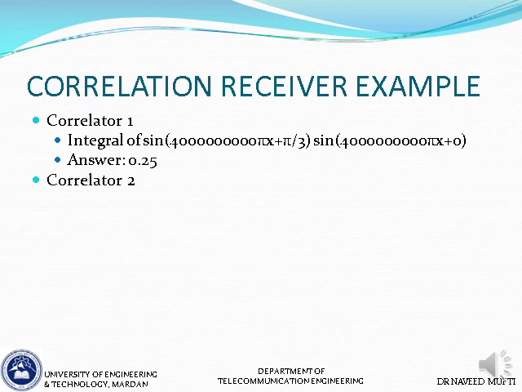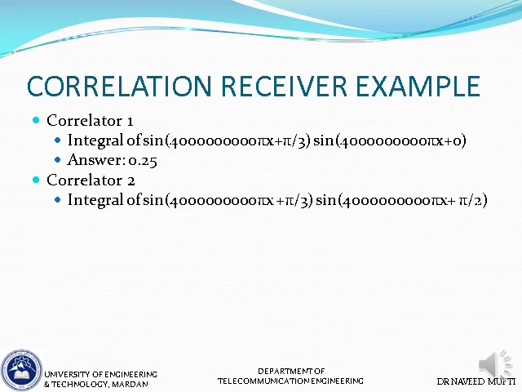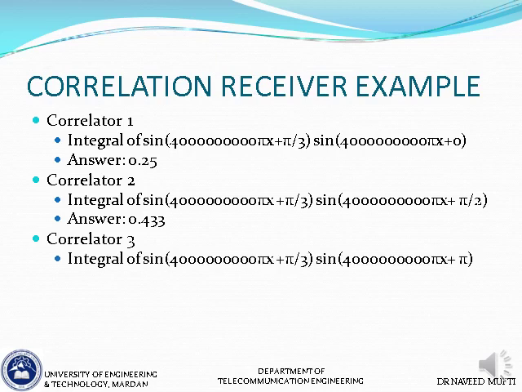Now going on to the second correlator, the correlation is with the 90 degrees one, so pi by 2 here, whereas the received signal is this pi by 3. So the second correlator has these two signals to correlate, and its answer is 0.433. And the third correlator, that will be done with the 180 degree one, so the angle here is pi radians.